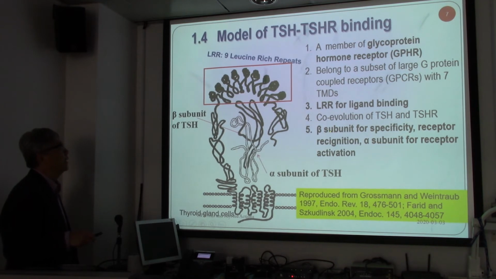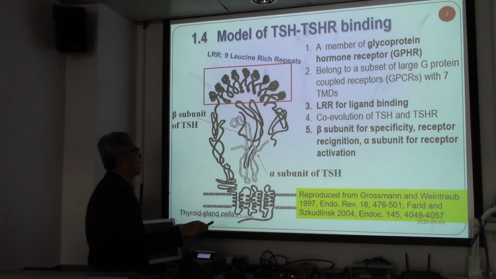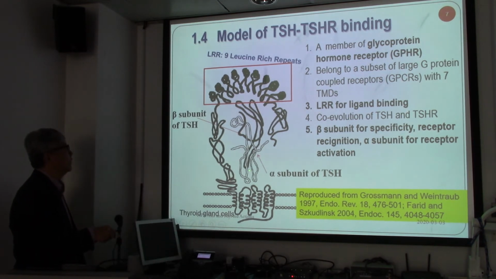The beta subunit is for specificity, or what we call receptor recognition. And then the alpha subunit is for receptor activation, because it would act on the G protein coupled receptor, the extracellular domain here, outside of the 7 repeats, and then cell transduction would go on inside the cell.